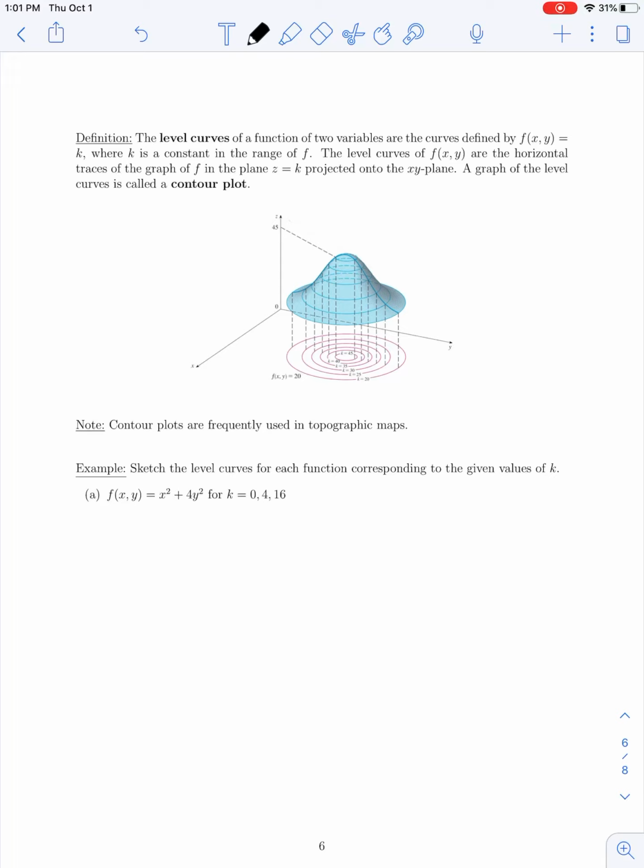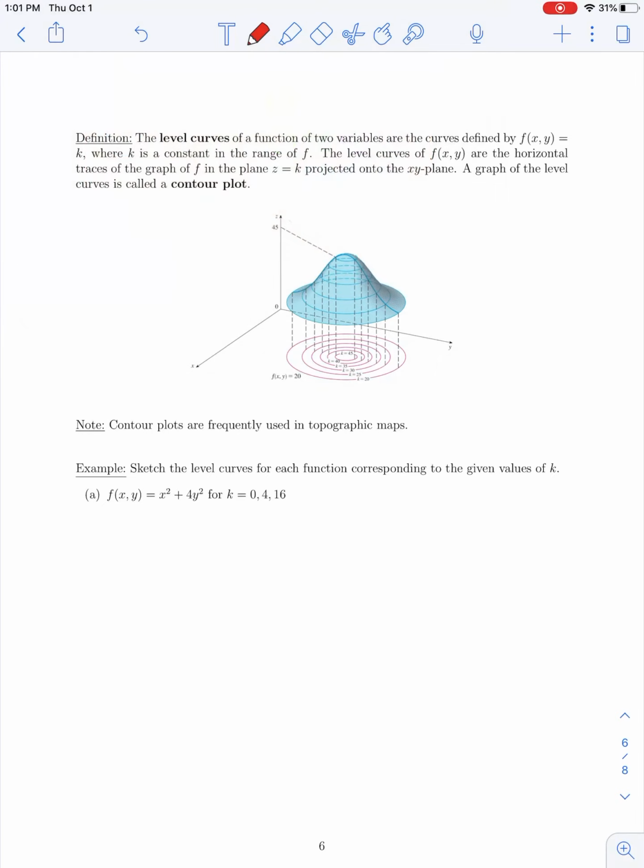We might have some more complicated surfaces. But to get some idea of what a more complex surface, or what the graph of a more complicated function of two variables would look like, we can consider something called level curves or traces of our function.